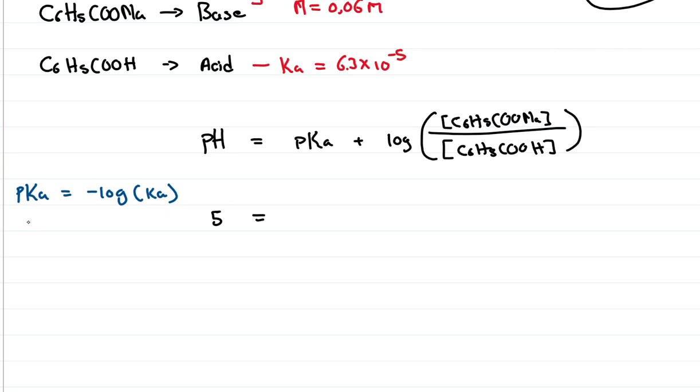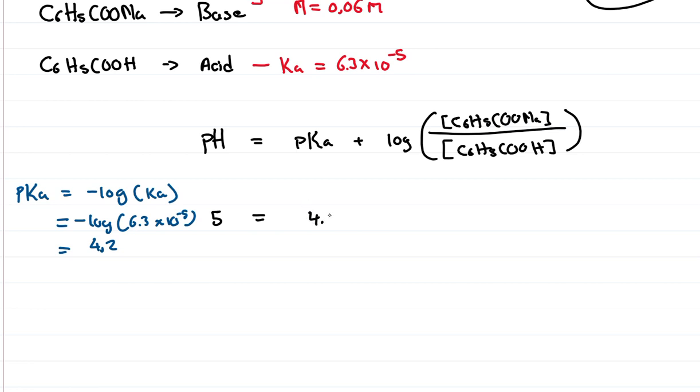So this is equal to negative log of Ka, which is 6.3 multiplied by 10 to the power of -5, which is equal to negative log of 6.3 multiplied by 10 to the power of -5. So that gives us the pKa of 4.2. So you can just plug that into your equation.